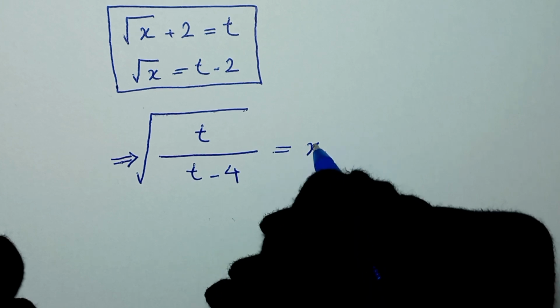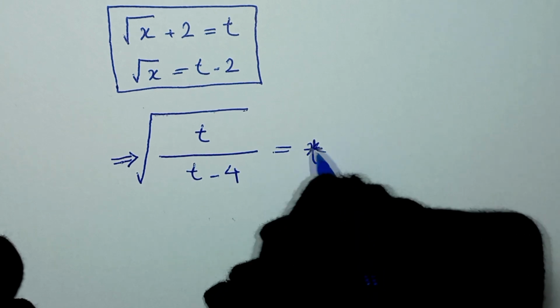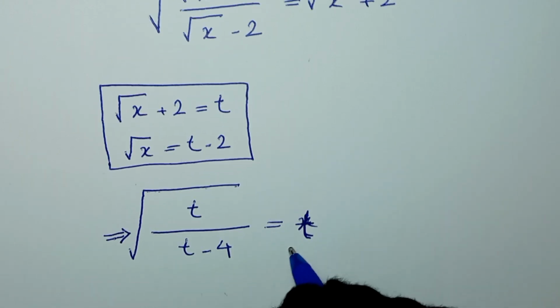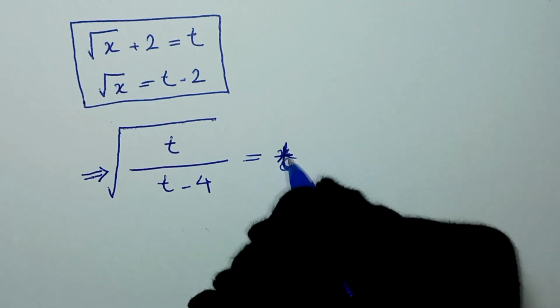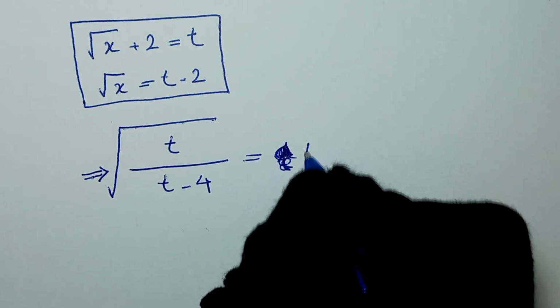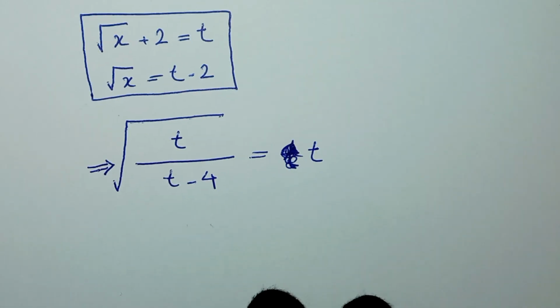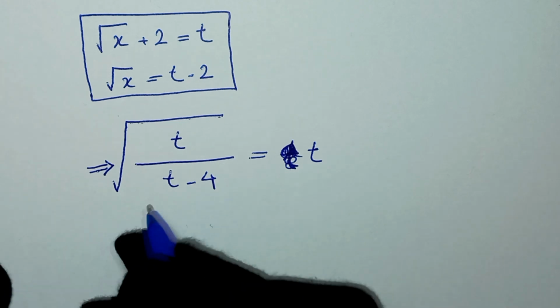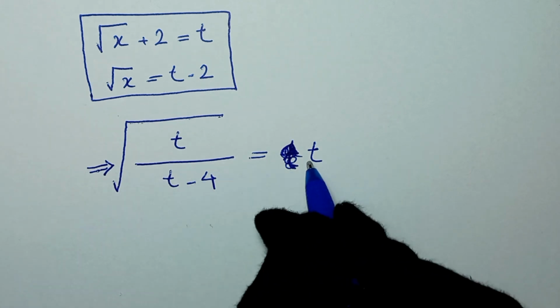Sorry, this is t. We let this as t, so write this as t.